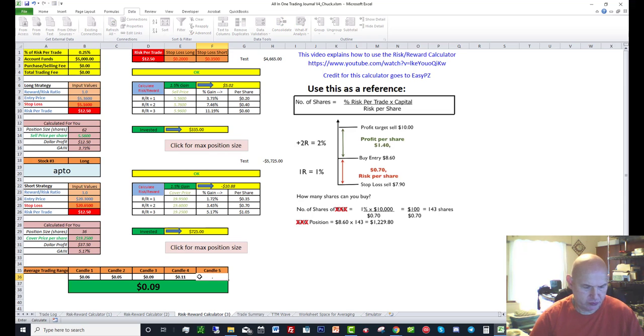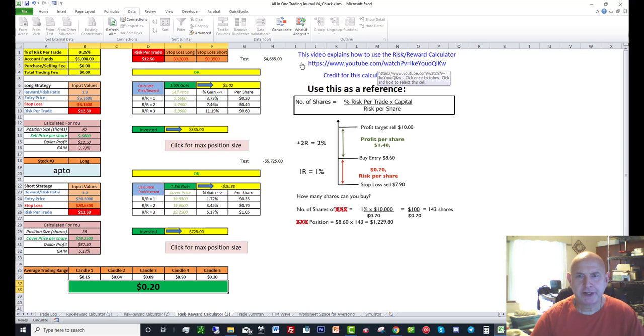So here 0.20 we'll say, 0.50, 9 cents we'll leave it at, 4 cents, and 15 cents. So your average trading range is 20 cents. I've also added a reference to let you know what this is doing for you.